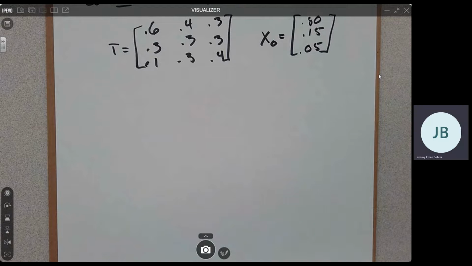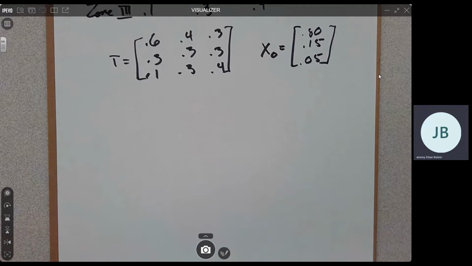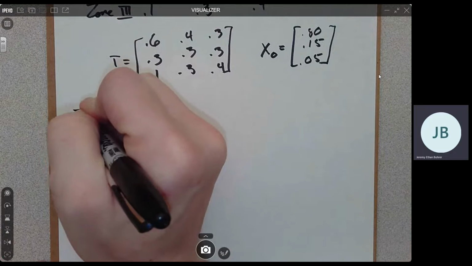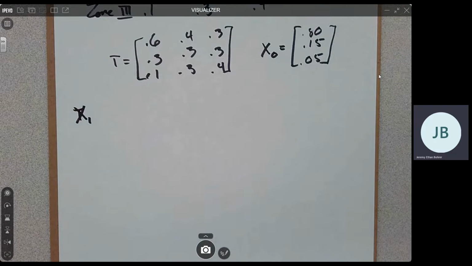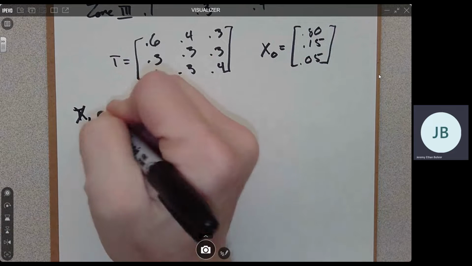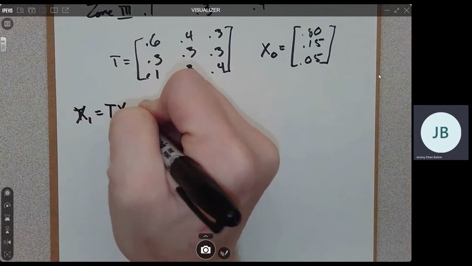So using our matrix and our distribution vector, x1, the location of the cabs after everybody's made one pickup and drop off, will be T times x0.